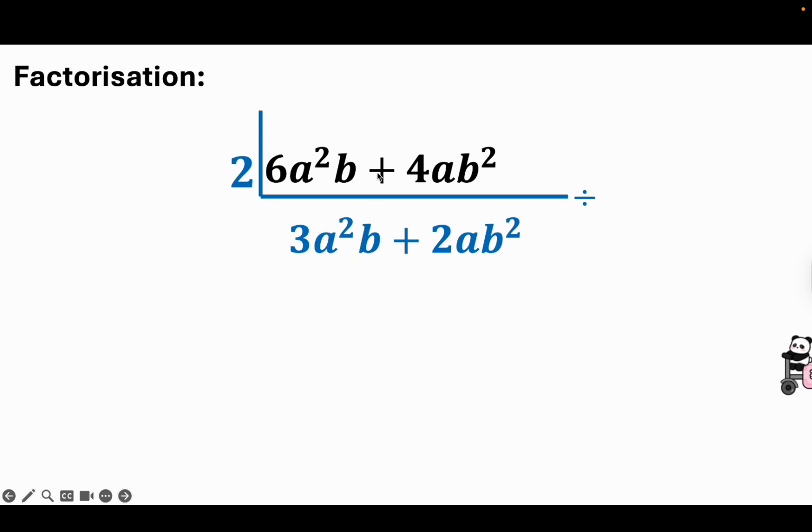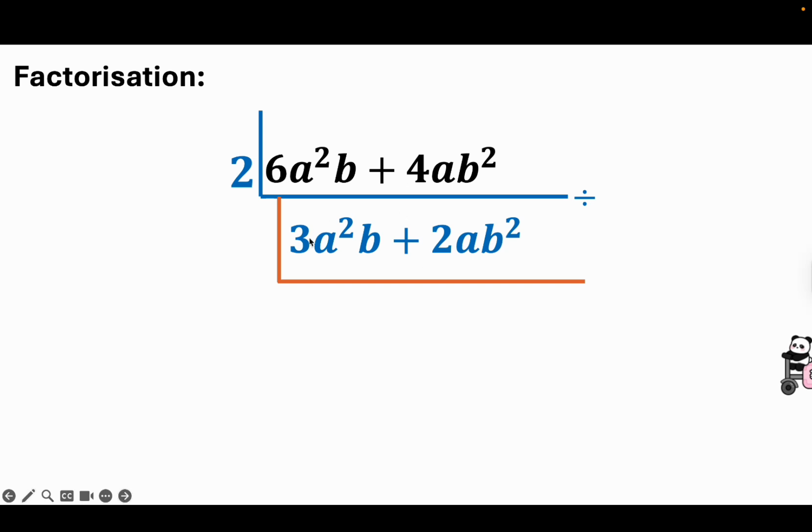You copy down the plus sign, and then you do 4 divided by 2, which gives you 2 here, and then you copy down the rest. We just keep finding the common factors and keep dividing by them. So we have dealt with the numbers.